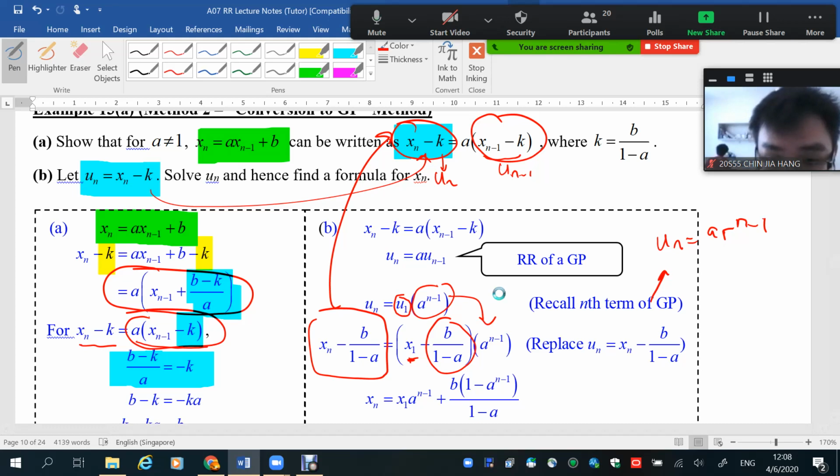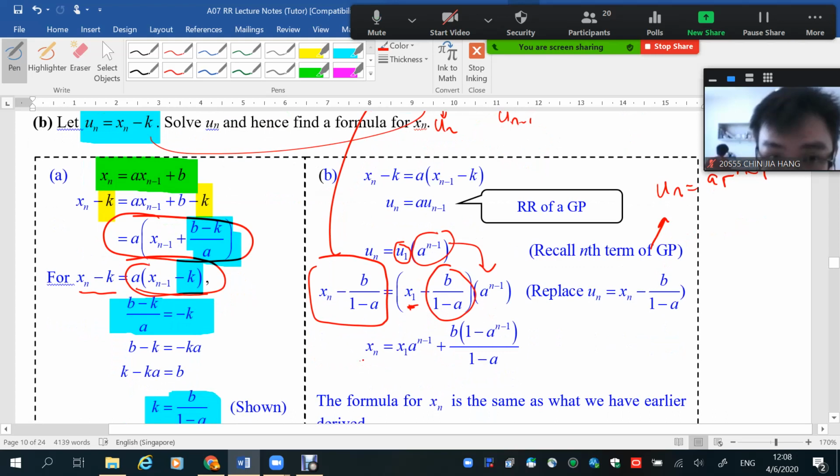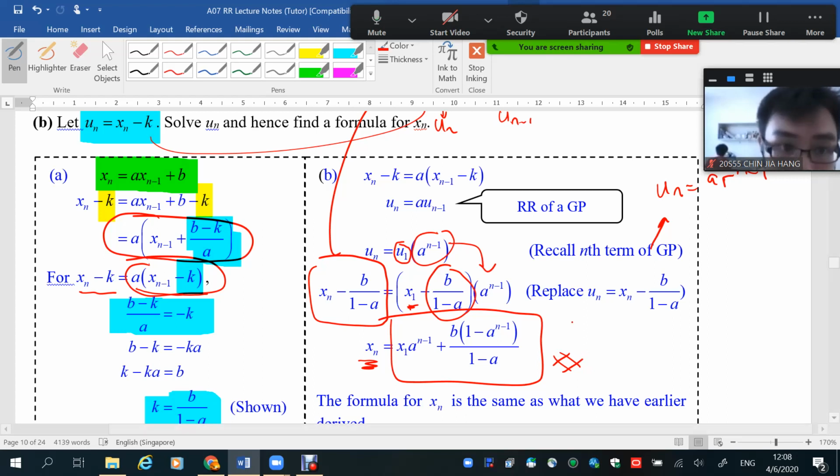Then of course what you need to do next is push it across. Express it, make xn the subject, and you have the same result coming out. This general solution is exactly the same as what you have in your example 12.